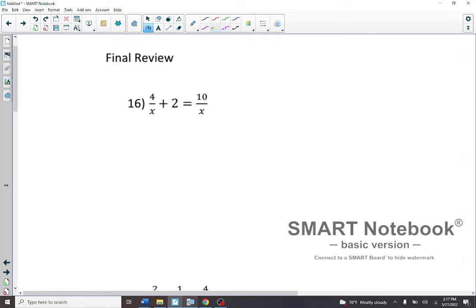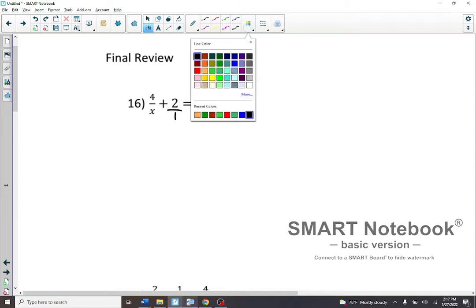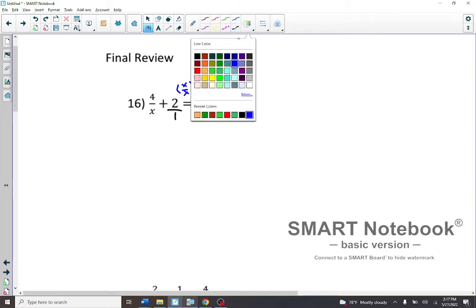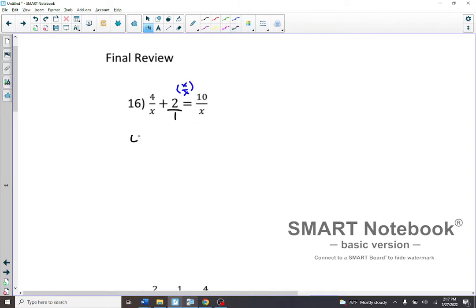Here, we need to make the common denominator before we add this. So this middle one definitely needs an x over x. So it's going to be 4 plus 2x over x equals 10 over x.